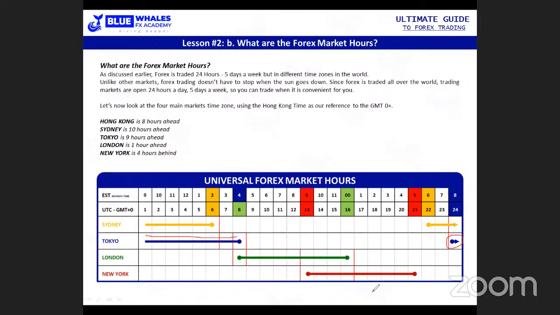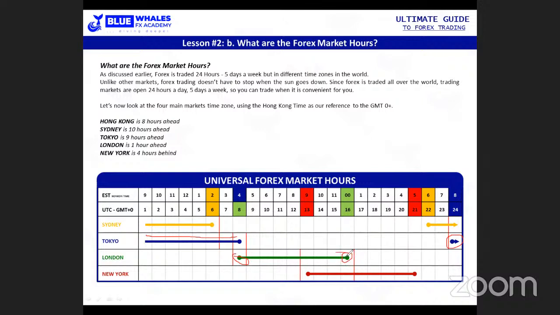And then we have London time. The London market opens from 8 o'clock. It overlaps with the closing of the Tokyo market, and then it will run through till 16:00 GMT.